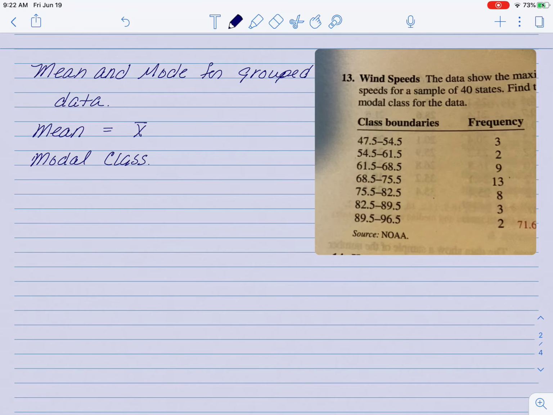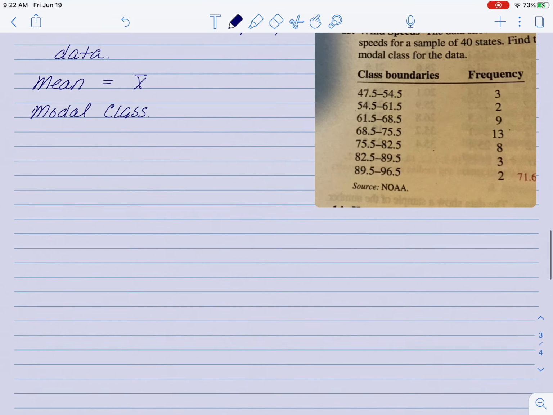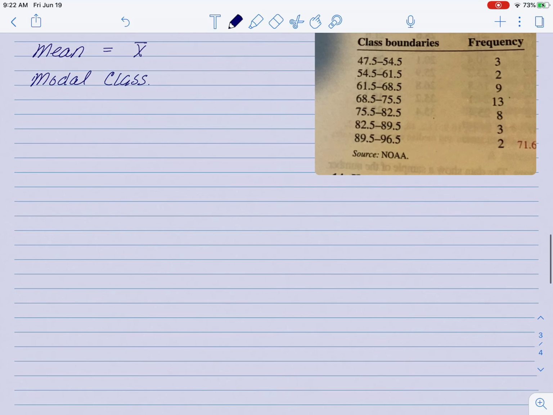Now to do this, we have to, of course, find some extra values for this data set. So the first thing that we do, we have these class boundaries. Let me make that a little bit easier to work with.